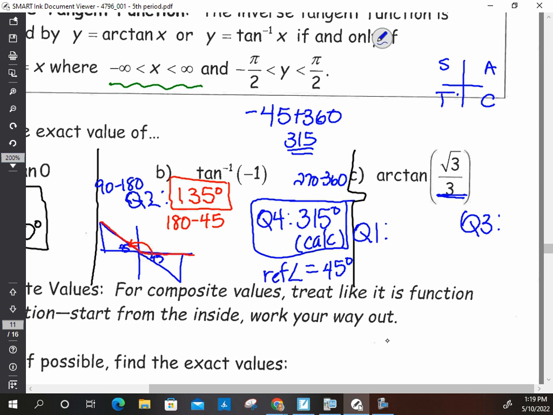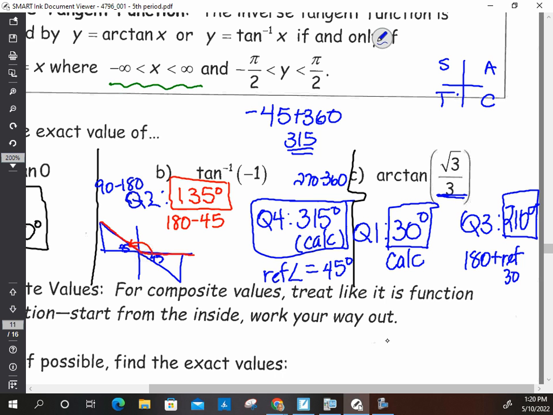So the answer the calculator gives us is what? The calculator gives you 30, and 30 is already a reference angle. So our quadrant 3 angle should be 210. So 180 plus your reference angle.